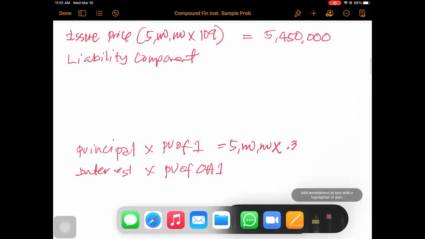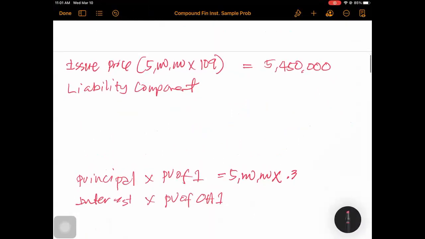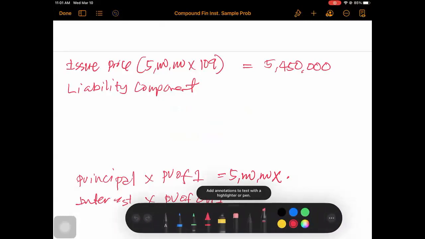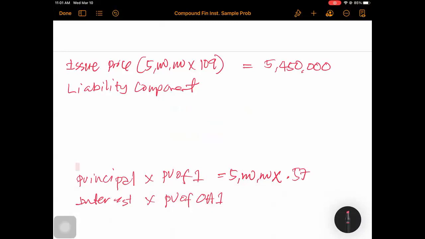Okay, 0.57. Tapos atong interest, pila tong interest? Interest is 5 million times the nominal rate of 11%. So that's 5 million times 11%, that's 550,000 times, pila to atong PVIF ordinary annuity of 1? 3.60. Tama ba? 3.60. Okay.